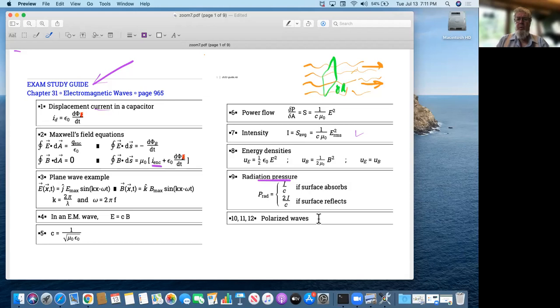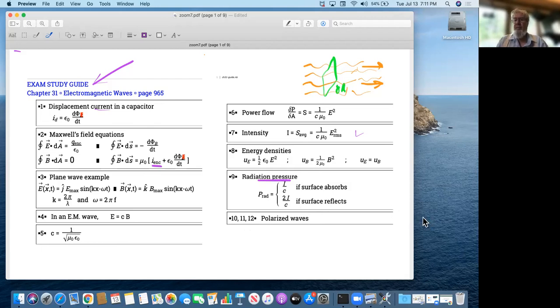Now, there also is a discussion in this chapter of polarized waves, and I don't have anything much to say about polarized waves tonight, but I think there are some homework problems about polarized waves. And again, some of the equations are written down in the exam study guide. But these are the kind of equations you need to have on your equation sheet, and you need to know what they mean and how to use them.